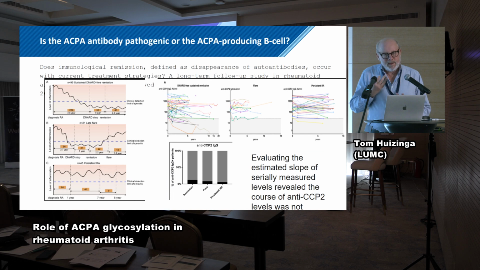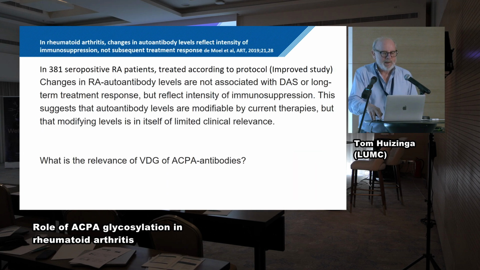So basically, there is no good correlation between antibody titers and disease activity. That's why I think it is not so likely that the antibodies are so important over time. We tested that in all kinds of assays and patient cohorts, and since you are not doctors, I'm not going to go into exact detail, but I think antibody titers are not so important.